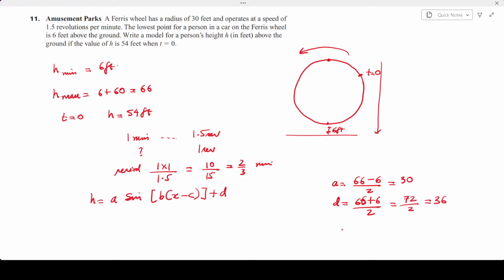What's your b? 2 pi divided by the period, 2 pi divided by 2 over 3, that's 3 pi. So b is equal to 3 pi.